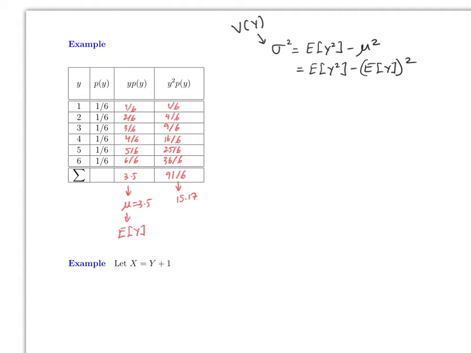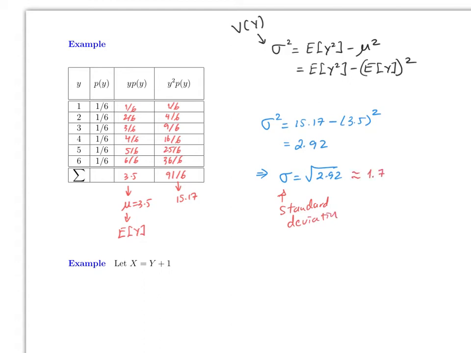So we use the new formula: the variance will be the expected value of y squared, which is 15.17, minus the expected value of y, which is 3.5, squared. This should give you exactly the same thing we got before, which was 2.92. And again, if you want the standard deviation, it will be the square root of that, which is around 1.7.